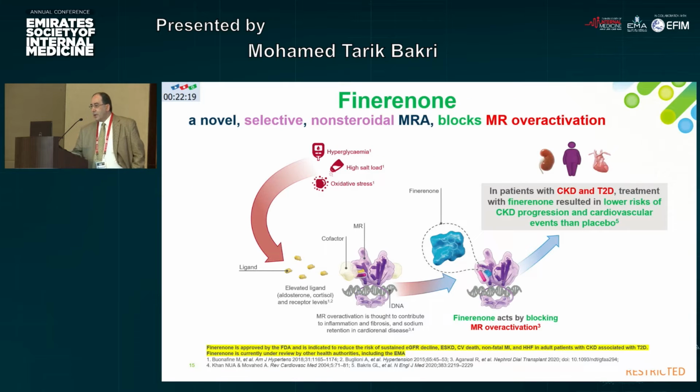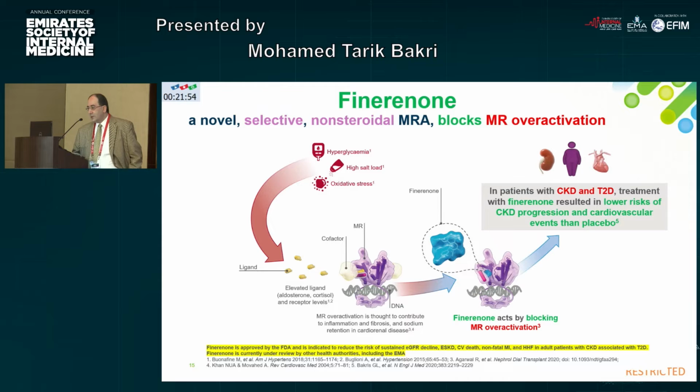So this is where Finerenone comes in, which is a novel selective non-steroidal MRA, which blocks the MR overactivation. And by doing this, our patients with CKD and type 2 diabetes have a lower risk of CKD progression and cardiovascular events or mortality.